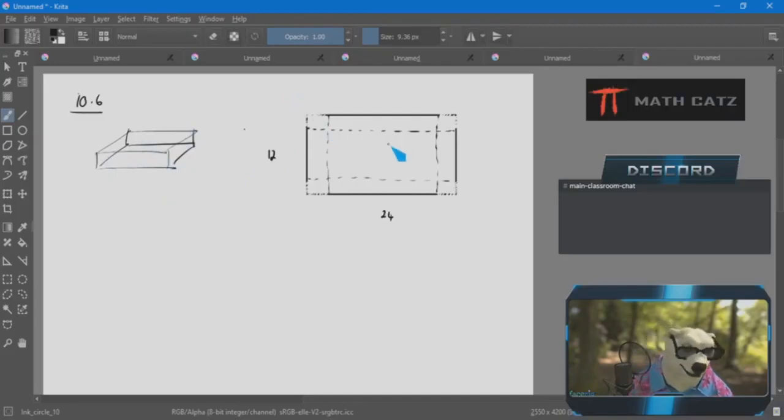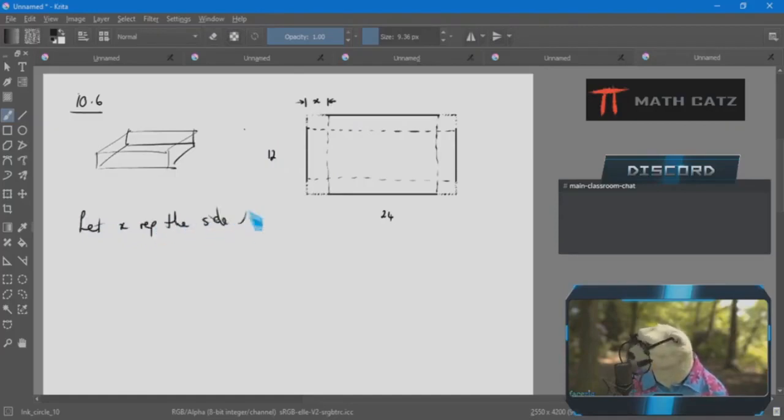So they ask specifically, what is the size of the square that needs to be cut out? So I'm going to let that length be X, and it's going to be everywhere. So let X represent the side length of the square or squares to cut out.